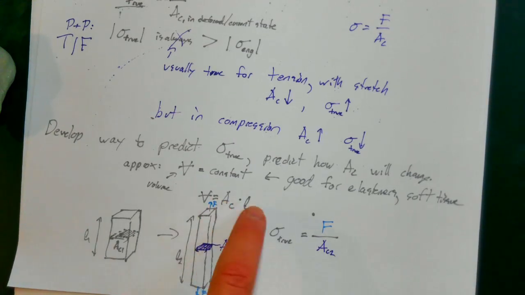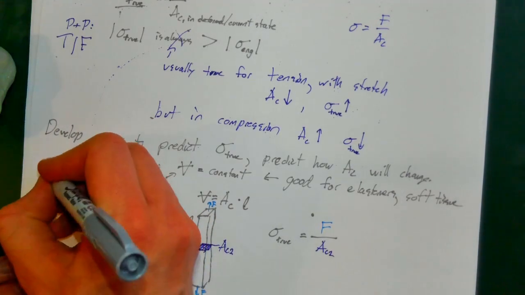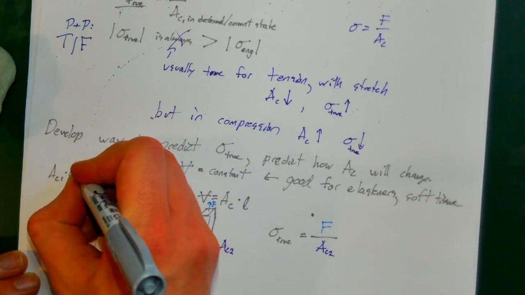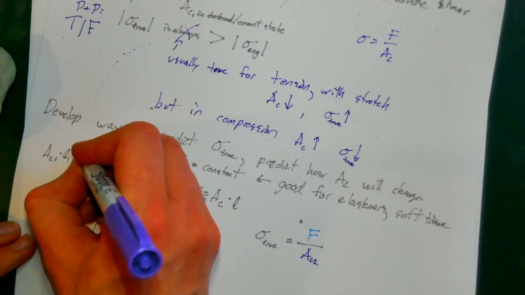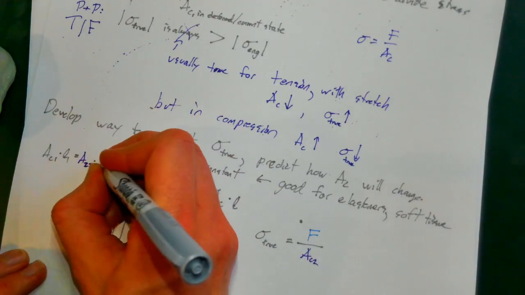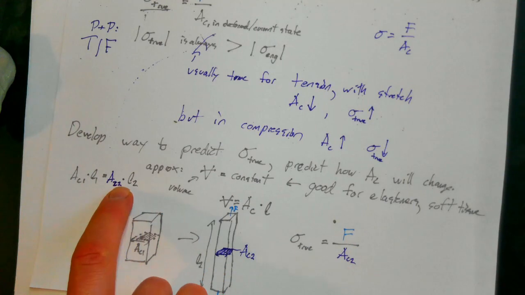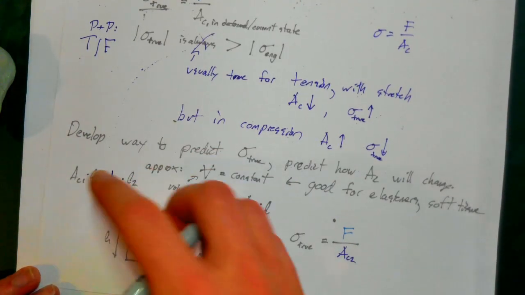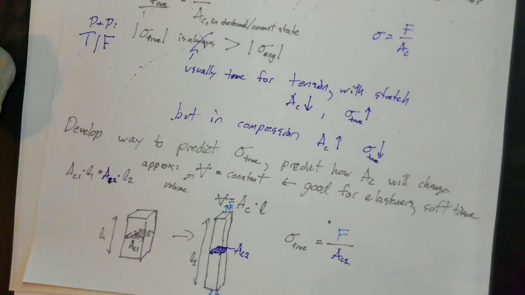But if I look at this relationship, AC1 times L1 is equal to AC2 times L2. So I can put AC2 in terms of AC1 and L1 and L2.